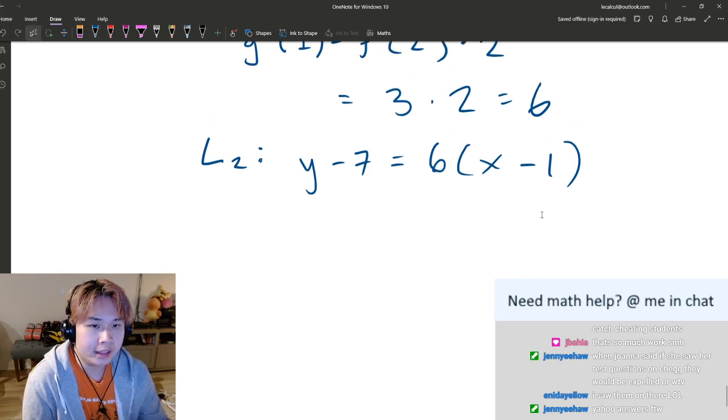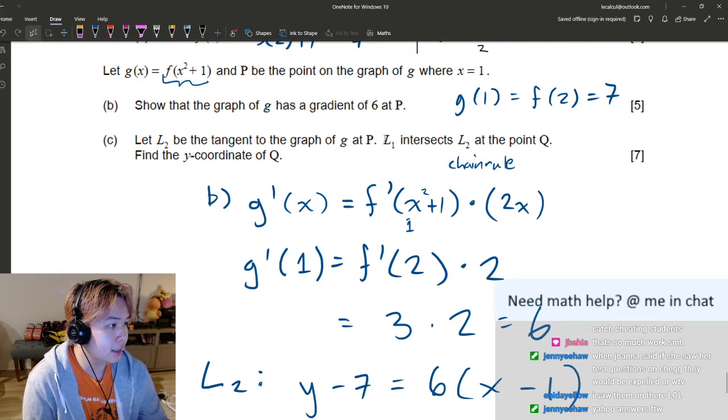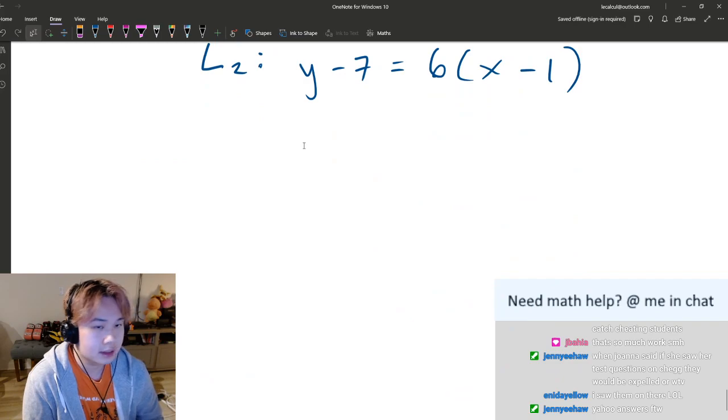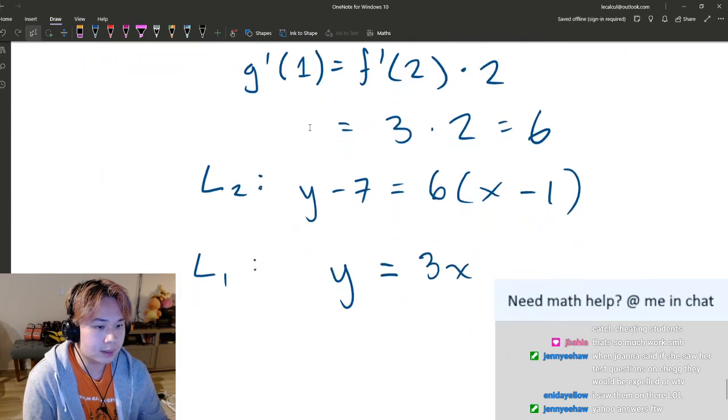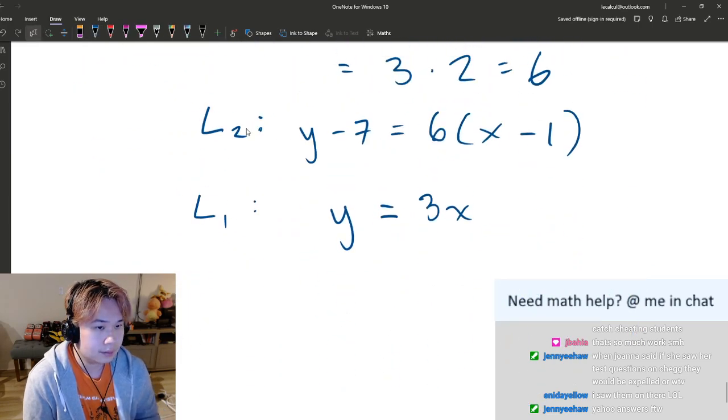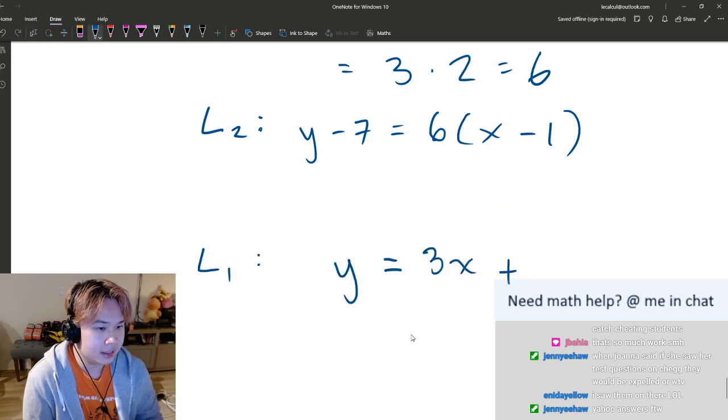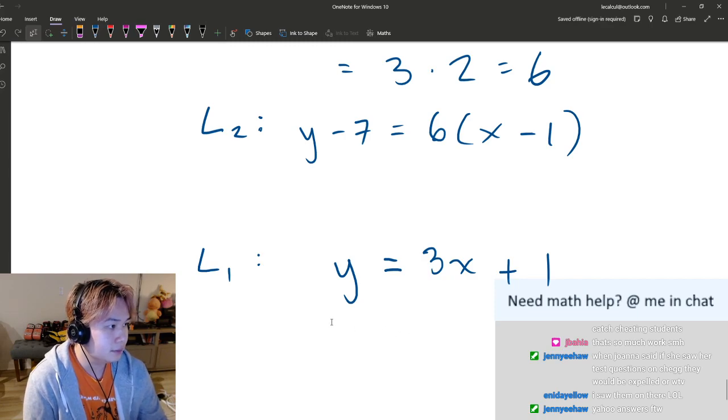Okay, and then L1 is going to intersect L2, so y is equal to 3x plus 1. So here are my two lines, and then I essentially just solve this system.